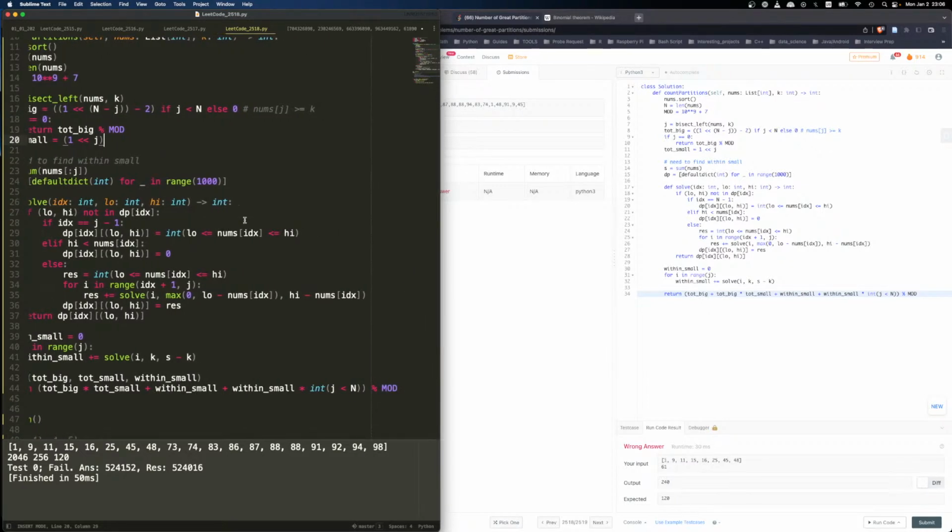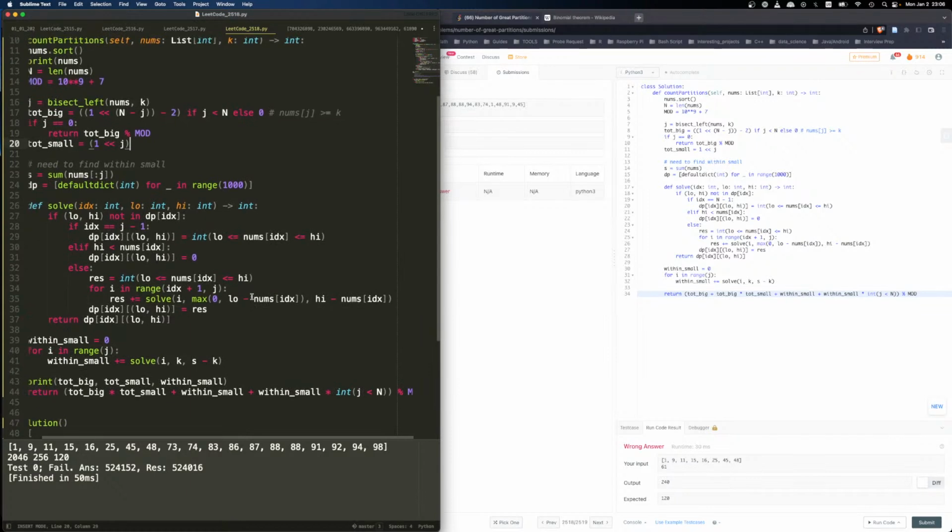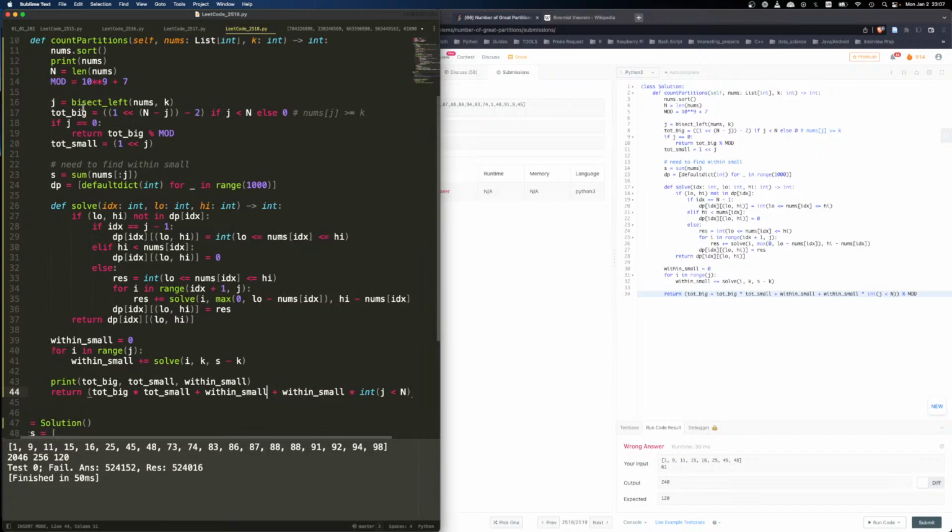Oh, the within small. This is within big.